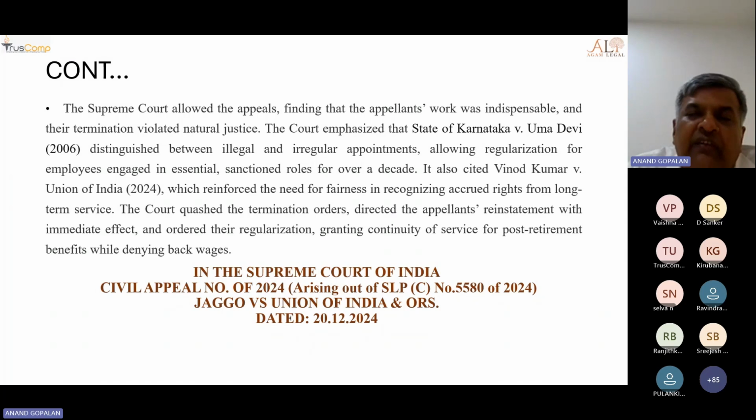So this analogy could come in even in labor law when it comes to contract labor being employed for very long periods of time, especially when the contractor changes, but the contract labor doesn't change.